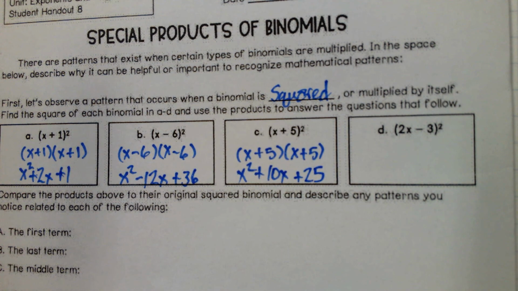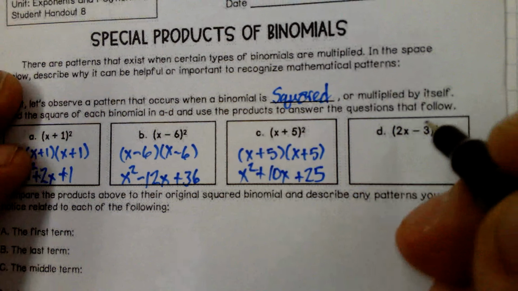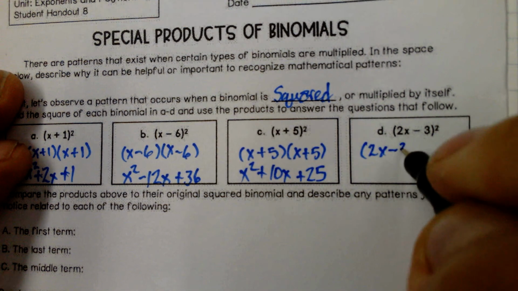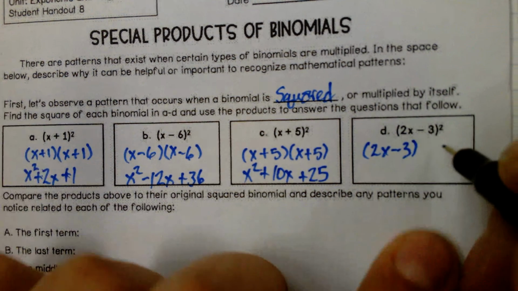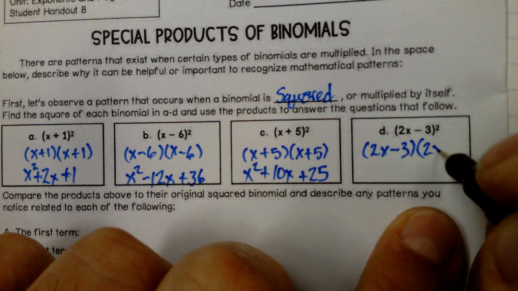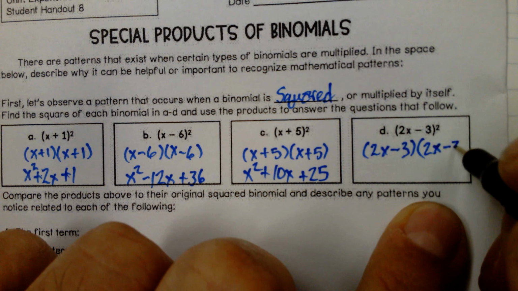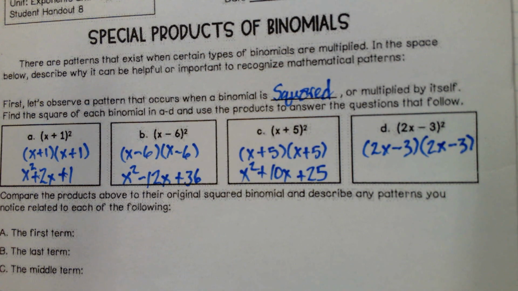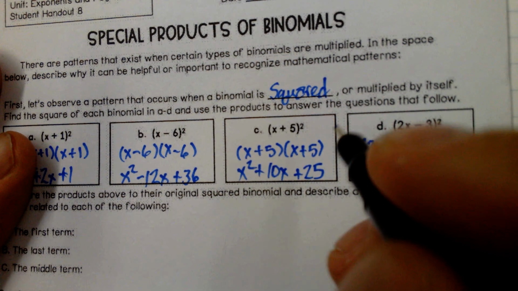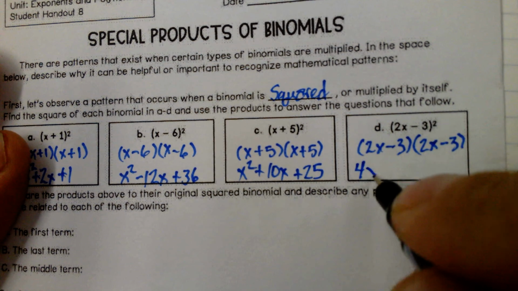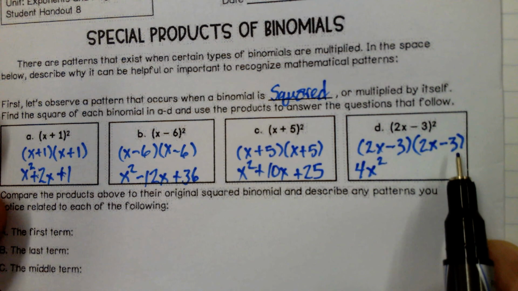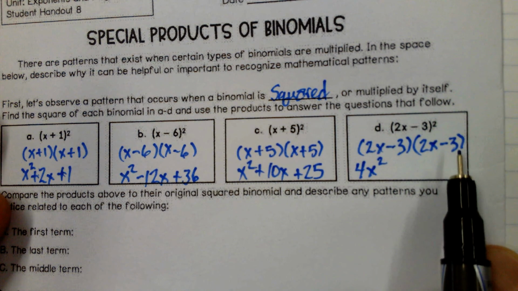Well, last one. We're going to do 2x minus 3 times 2x minus 3. And again, for the first terms we get 4x squared, so we can write that one down. Then we do negative 6x, right? If I do the outside, it's negative 6x.